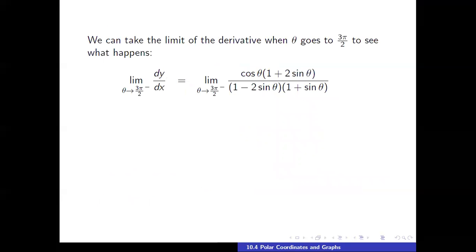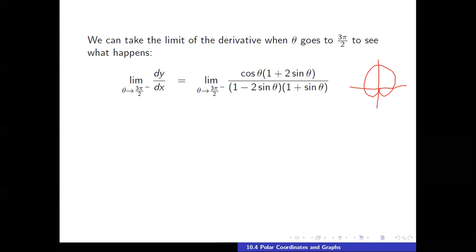The way we're going to do that is we'll take limits of the derivative as we go to 3 pi over 2 from the left. As we approach 270 degrees from the left, we're going to see what's happening to the tangent line. And we kind of know what's going to happen, don't we? After all, the graph looks like this, and it does something like this.